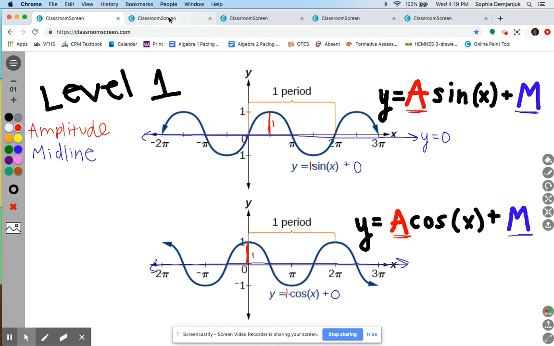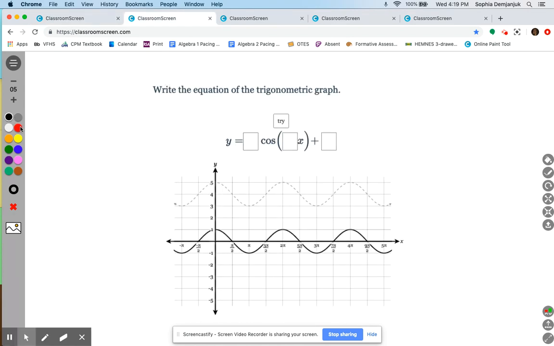So let's do some examples. This first one gives you the parent function as your solid black line, and you're trying to transform it so that it turns into the dotted line. So we're going to look at the dotted line and find out the amplitude and the midline. So starting with the midline, I can see that this entire trig function took only 2 units from top to bottom, that means that the middle is going to be right in between the 3 and 5.